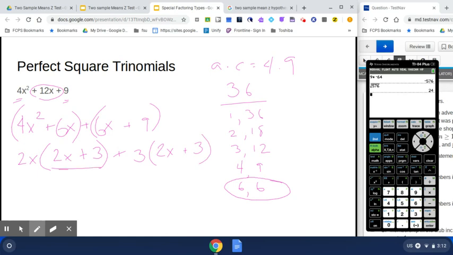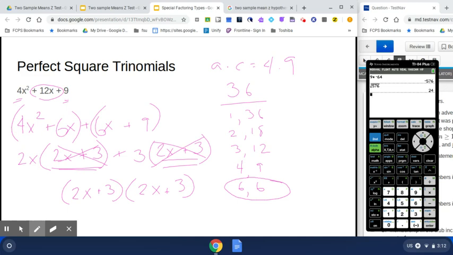Again, we have that matching binomial, so I'm going to factor that out. 2x plus 3. If I factor those 2x plus 3's out, I have left over a 2x from the first set and a positive 3 from the second.